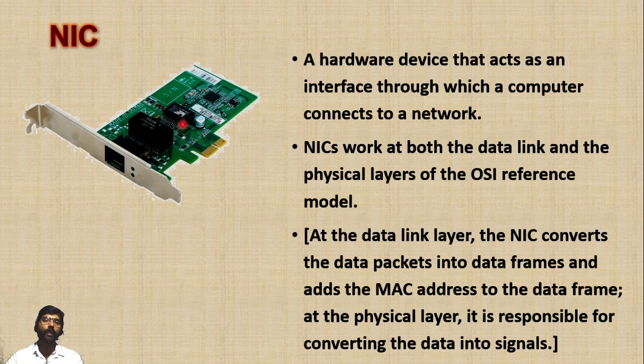If the MAC address is stored in NIC, that MAC address is attached to the data frame and given to the physical layer. In the physical layer, it is converting the data into signals and transmitted over this media.